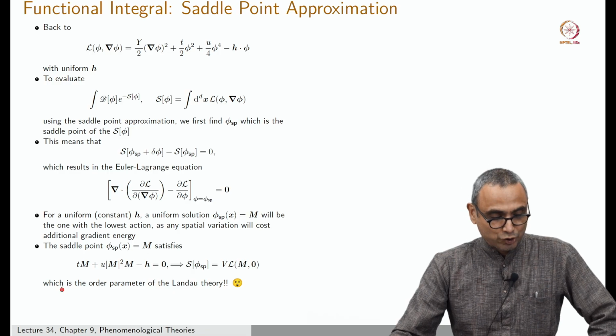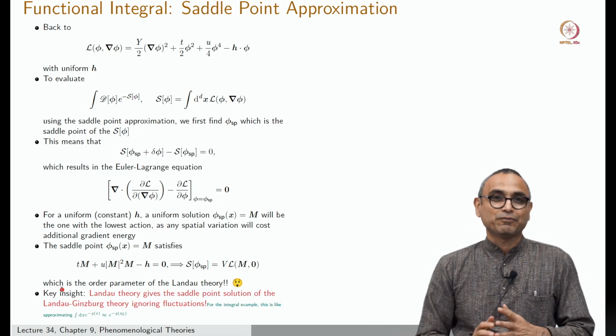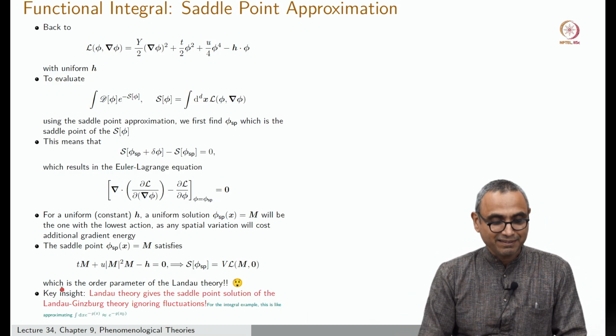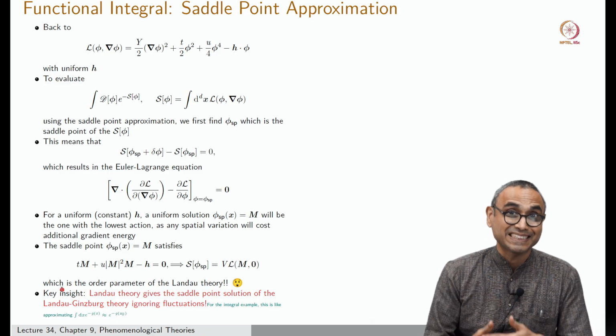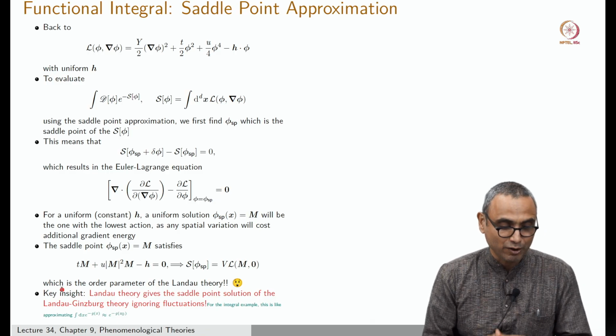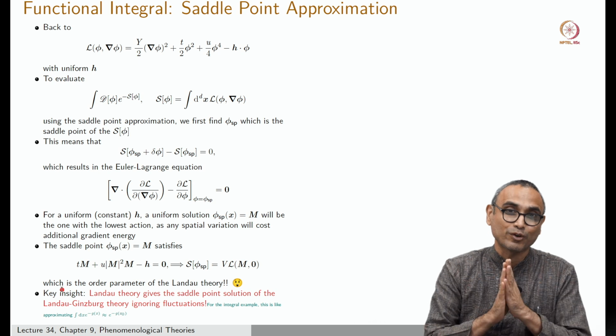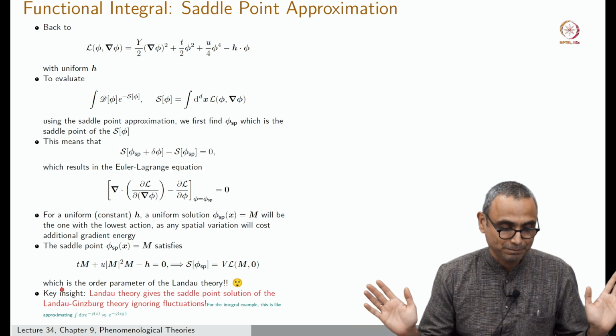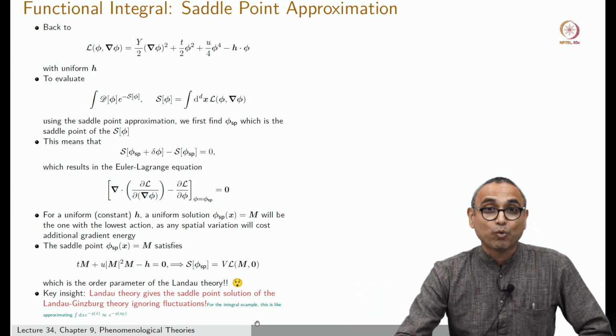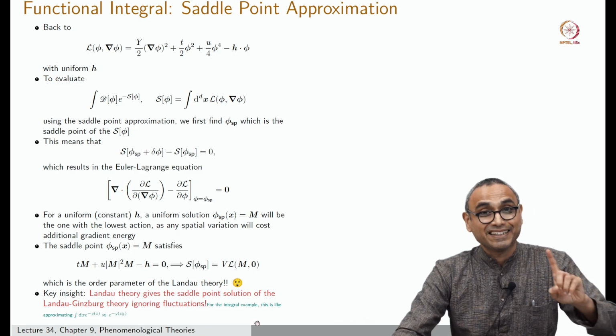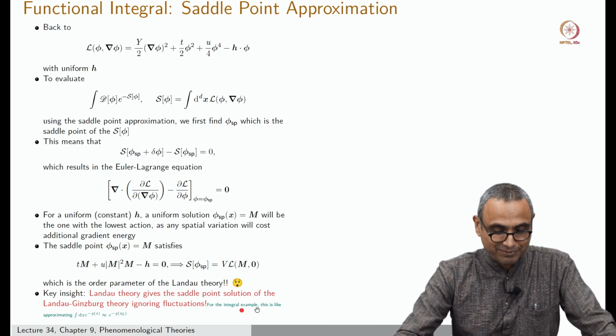Okay. So what we just found is what I am stating here. Landau theory gives the saddle point solution of the Landau-Ginzburg theory, ignoring all fluctuations. If you want to understand what is Landau theory in the simple integral example, which I have in the small font here, it is by saying that the integral dx of e to the minus g of x is just e to the minus g of x naught.